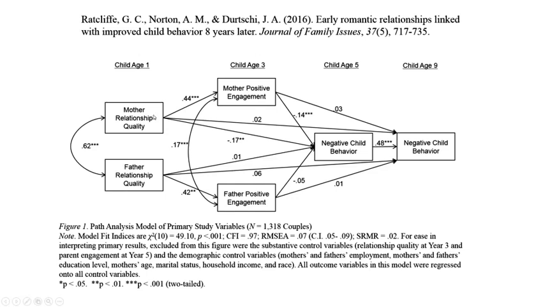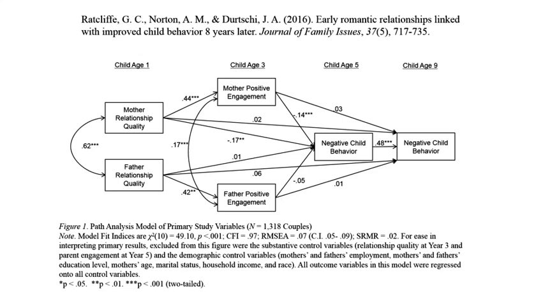We can also see that as mother's relationship quality goes up, this is negative 0.17, so negative child behavior, and we have our asterisk that says it is significant, goes down by 0.17 standard deviations, while controlling for mother's positive engagement at age 3.